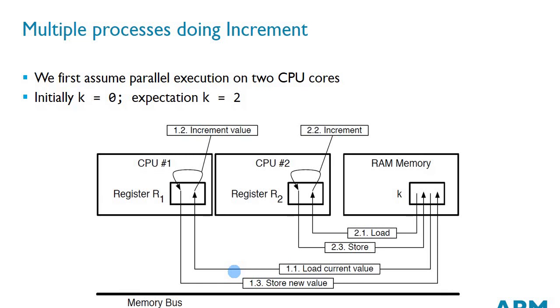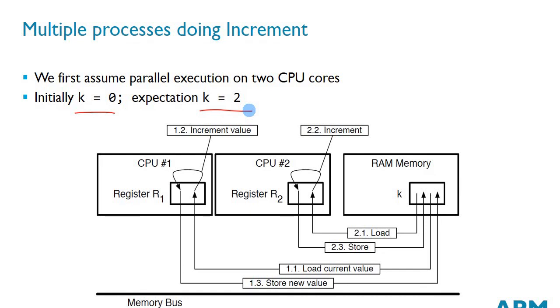Now let's think of this as an analysis of what will happen if both the tasks are running concurrently. If my initial value of k is 0, I would expect that after both the tasks complete, the final value should be 2, because each task is going to increment k by 1.